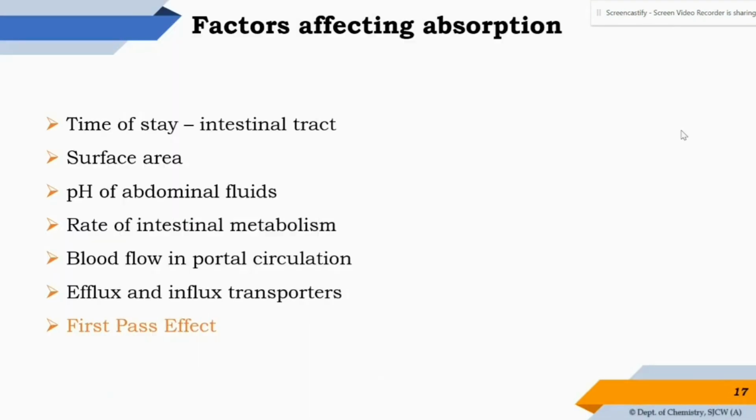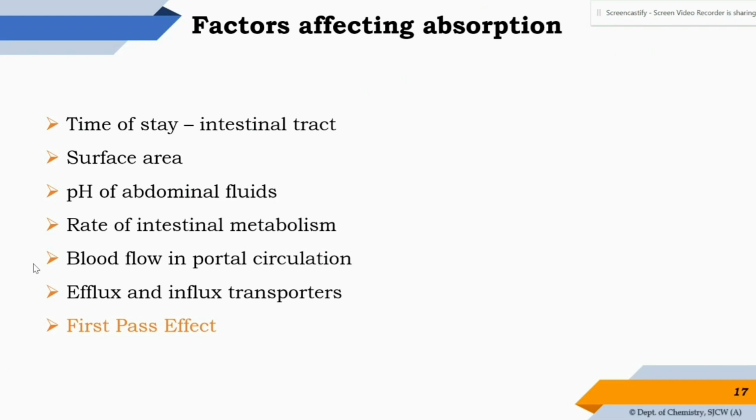What are the factors? The factors which affect absorption of a drug are the time of stay of the drug in the intestinal tract, how long it is staying, then the surface area of the absorption point. If there is a large surface area, then there is scope for more absorption. If the surface area is narrow, then there will be lesser absorption.